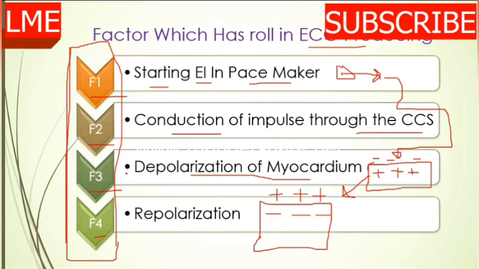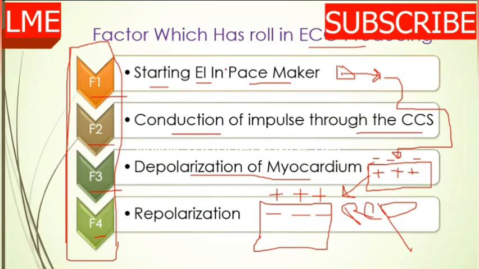So the third factor is depolarization of myocardium, and then the fourth factor is that this cell will come back to the normal condition. The process of changing this condition to this condition is called repolarization. So repolarization is the fourth factor.